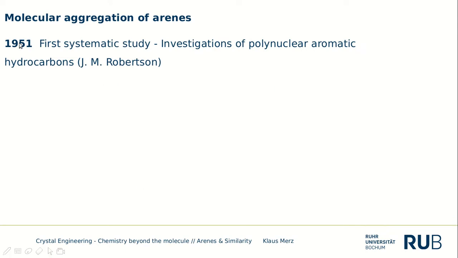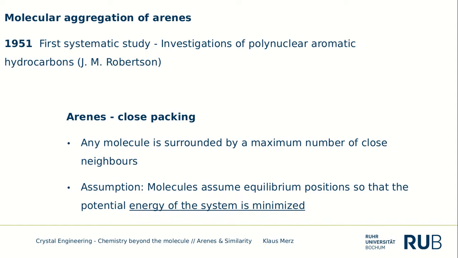30 years later, 1951, Robertson investigated really a lot of crystal structures of polynuclear aromatic hydrocarbons. Have a look at what he found. What he found is that any molecule is surrounded by a maximum number of close neighbors.